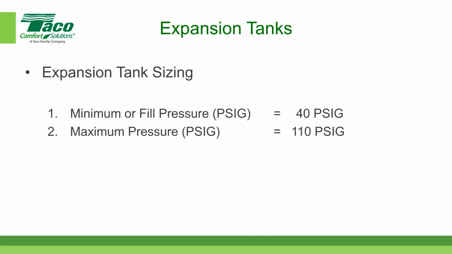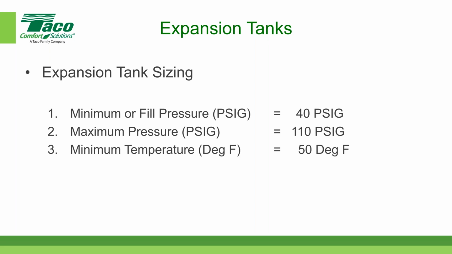Okay, the next piece of information we need to gather is the minimum temperature, again, sometimes referred to as the fill temperature. Most buildings are connected to a municipal water supply, and even if they're connected to a well water supply, that water temperature tends to be the groundwater temperature. In New England, where I'm from, the groundwater temperature is relatively constant at around 50 degrees Fahrenheit.